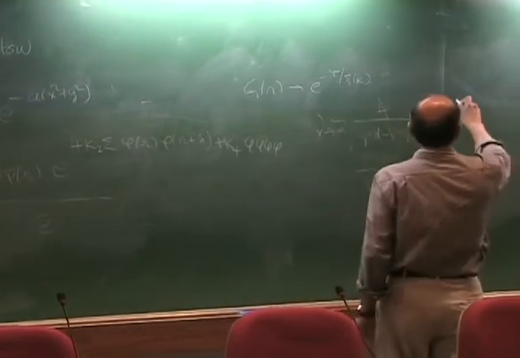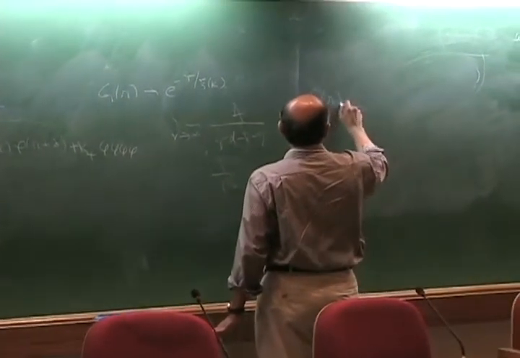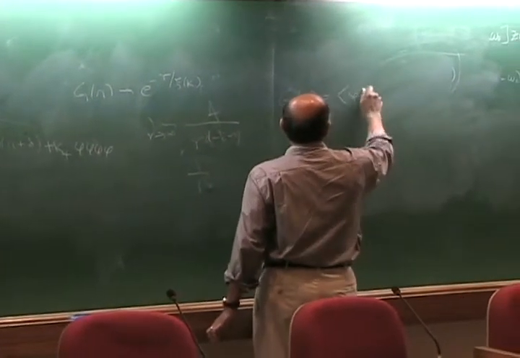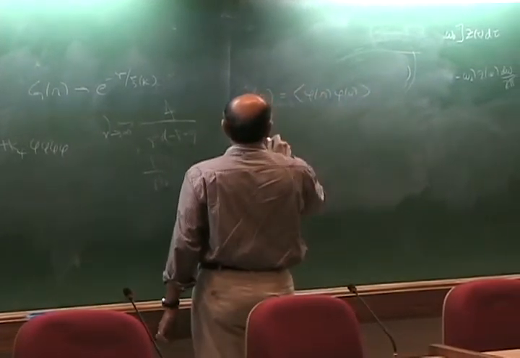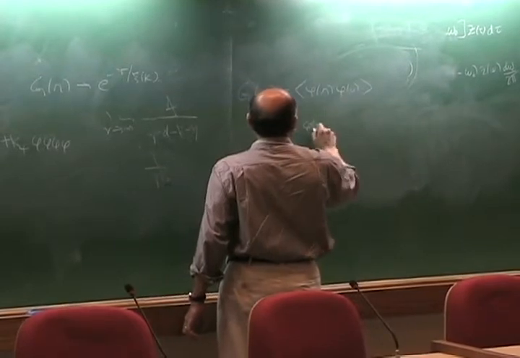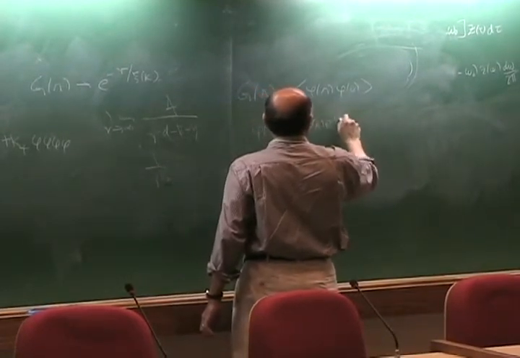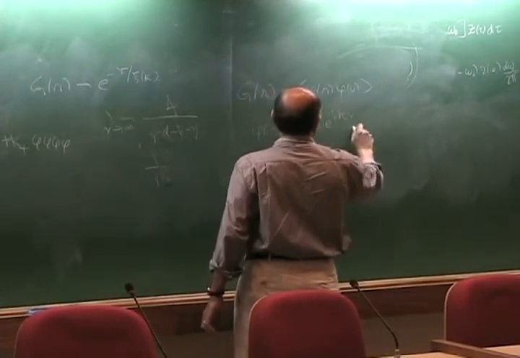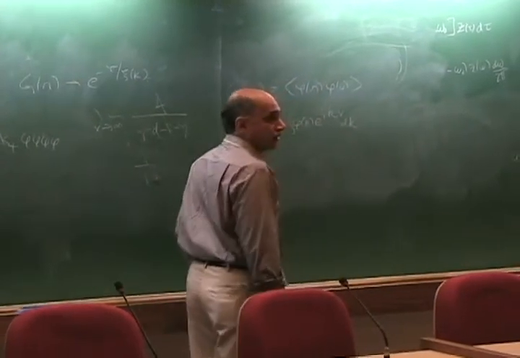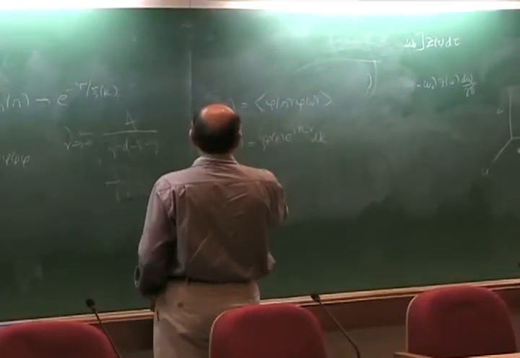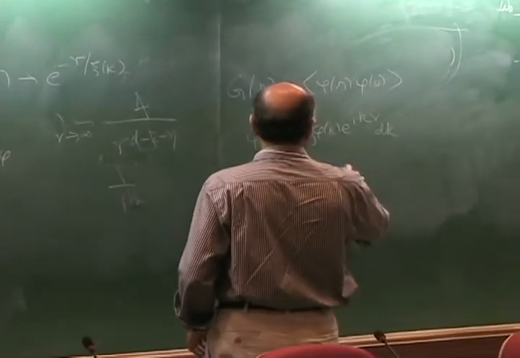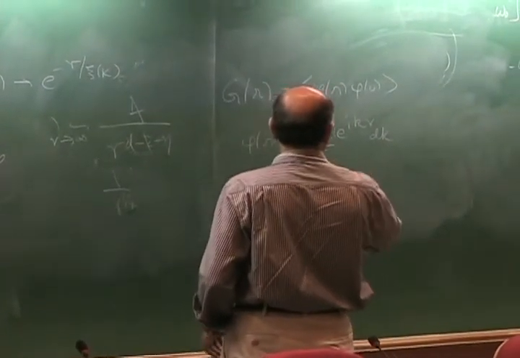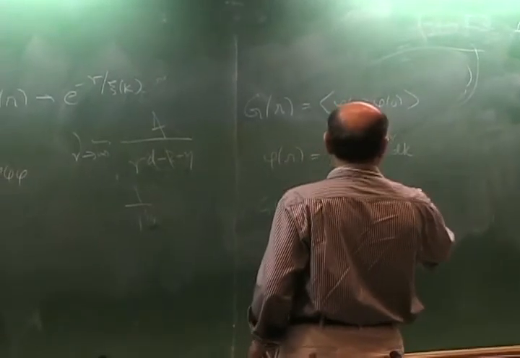You notice that this G of r is the average of phi of r, phi of 0. And if you write every phi of r as a sum or integral over k of phi of k, e to the ik dot r, it doesn't matter which, then you can see that G of r is an integral over k of G of k, the correlation function of 2 phi's, times e to the ik r.